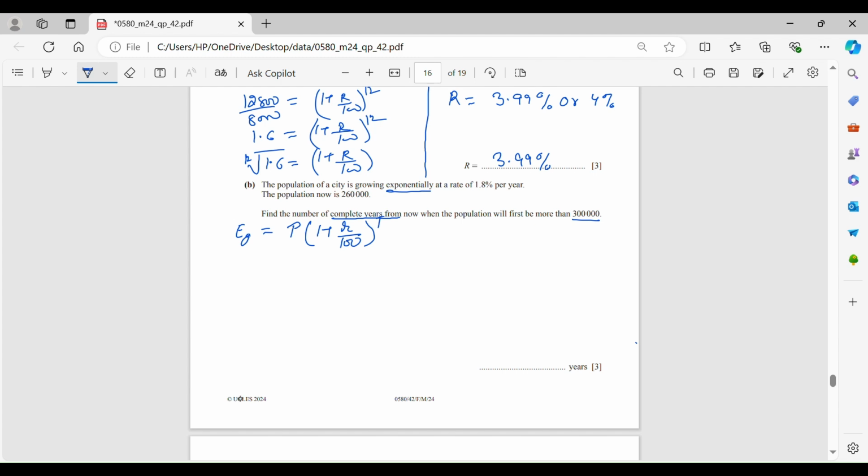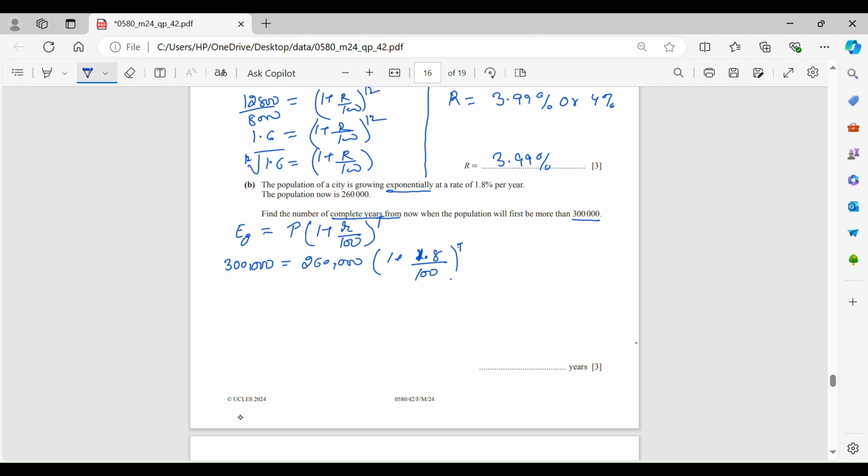So exponential growth is 300,000. This will be equal to 260,000 times (1 plus the rate, 1.8, over 100) raised to the power time. Time we need to find. Let me write it nicely.